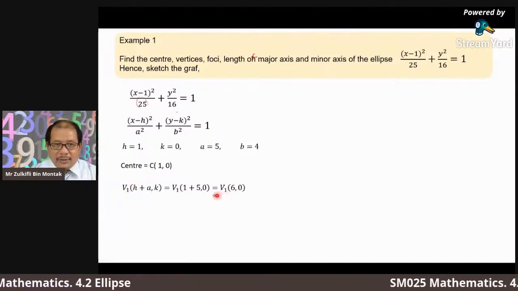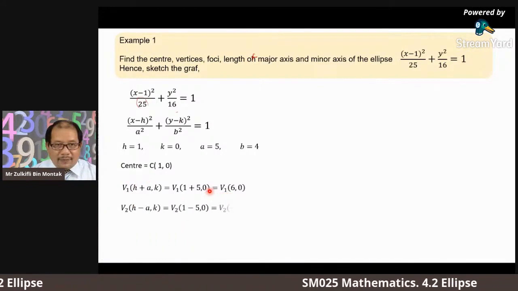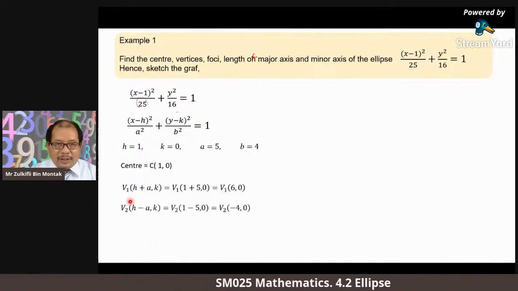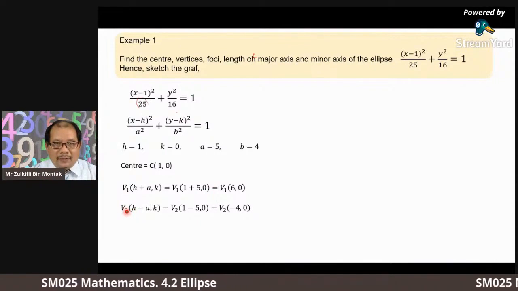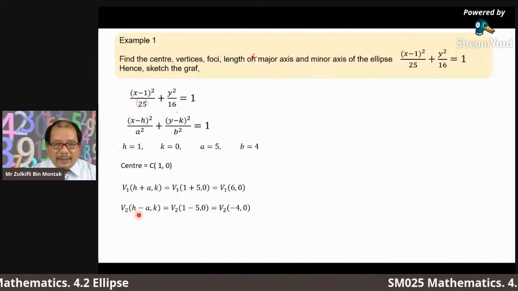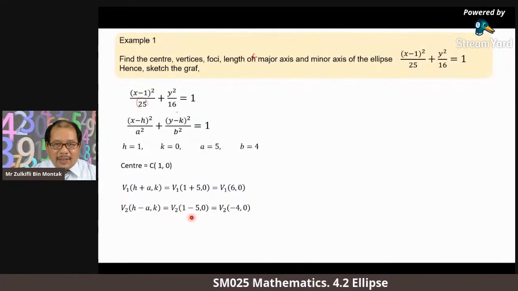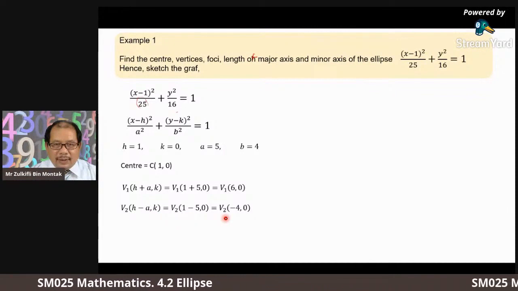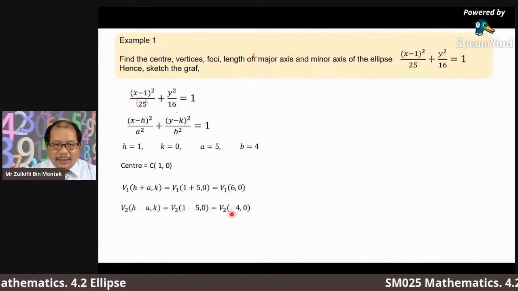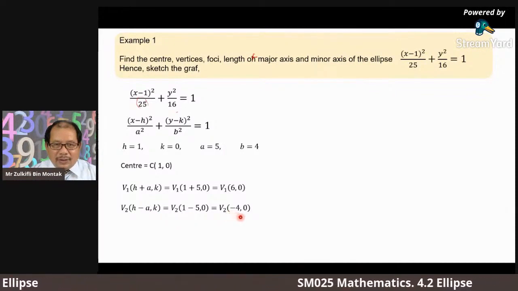The other vertex V2 is (h minus a, k), which is (1 minus 5, 0). So the other vertex equals (negative 4, 0).